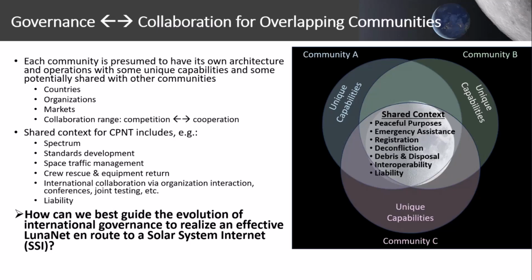Along with this, we have to worry about the other general capabilities like interoperability and liability. But the best way I can summarize it is we have to figure out how to guide the evolution of international governance to be able to realize an effective LunaNet that provides CPNT capabilities and evolves into someday downstream a solar system internet.